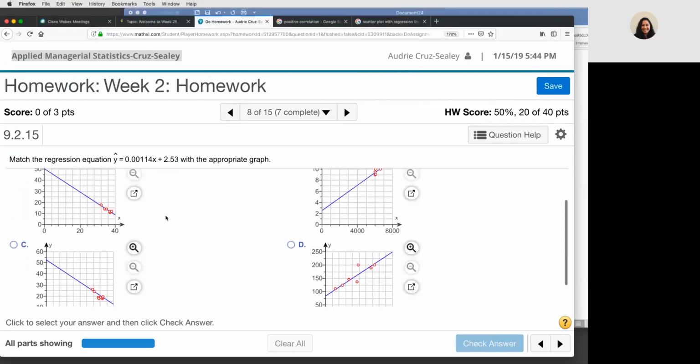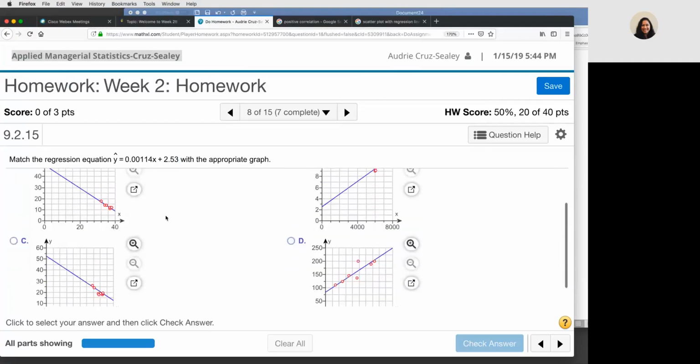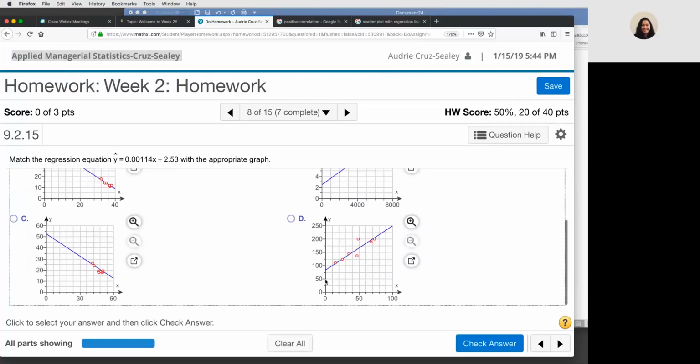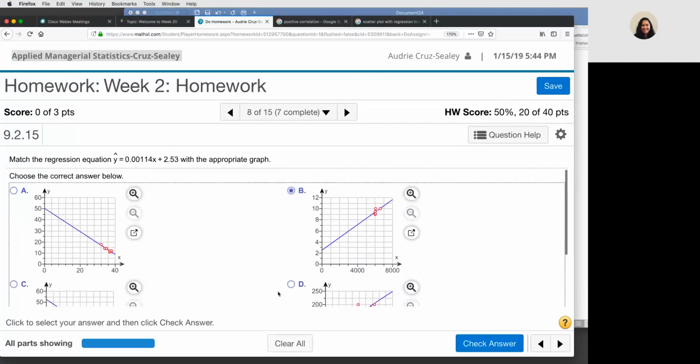So looking at those 2, which one is the correct answer? B. It's B. Why? Because isn't this 2 point something? And this one is 50 point something. And we know that it's going to cross at 2.53. So since this is the only one that's 2 point something, I'm going to go with B.